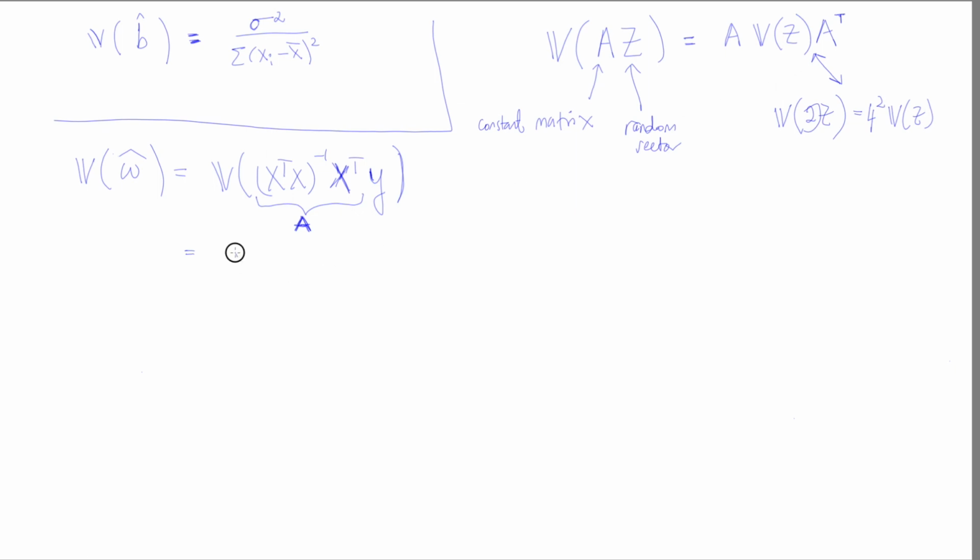Well, it's going to be X transpose X inverse X transpose, times the variance of Y, times X transpose X inverse X transpose, transposed. This is our A transpose. Okay, what is the variance of Y? Well, we know that Y is just distributed as XW, sigma squared I.